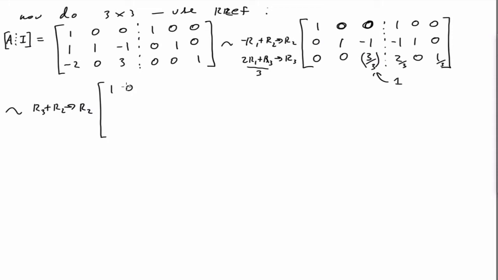So 1, 0, 0, 1, 0, 0. Top row is the same, and now I get zeros there, a 0 there, and a 1 there. Nothing changes there. And now there's a 0 there because I'm taking this 1 and I'm adding it to -1. I get 0. And that stays 1 right there.